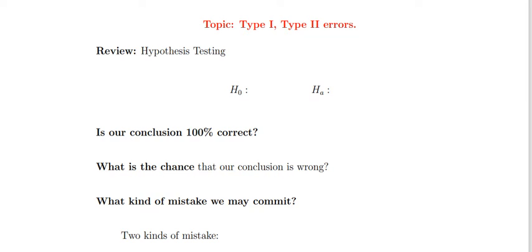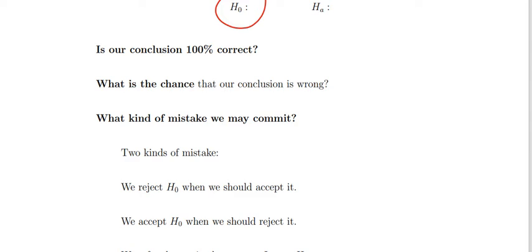At first, let's check what kinds of mistakes we may commit in making our decision. Here we focus on H0, which is other people's claim. For other people's claim, we will accept or we will reject. So for this H0 we have two kinds of reaction: we reject H0 or we accept H0.